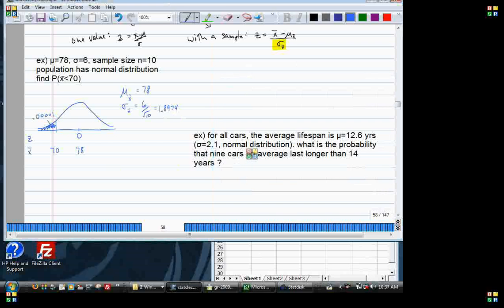So similarly, you could find the z-score. And what's the z-score? How do you find the z-score? Divided by. And that works out to be what? That should be negative 4 point something.